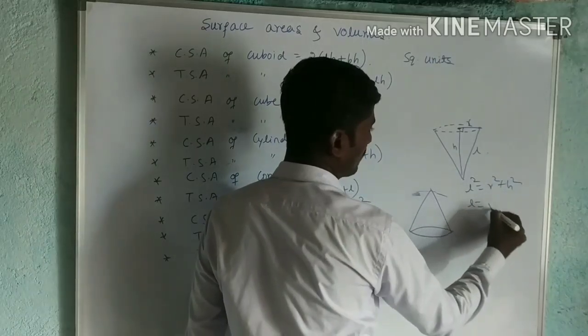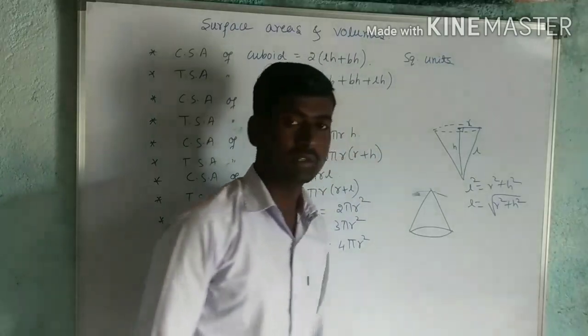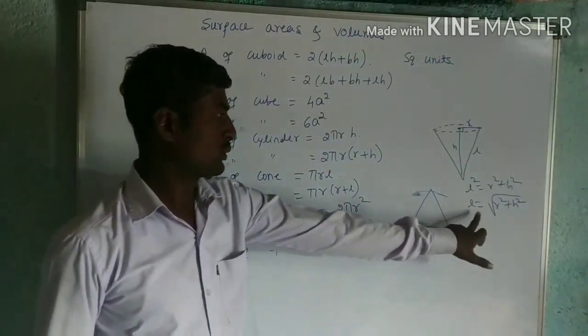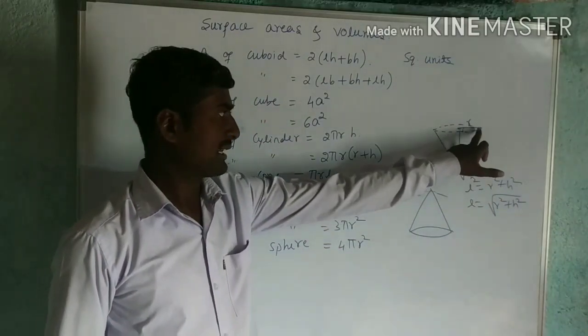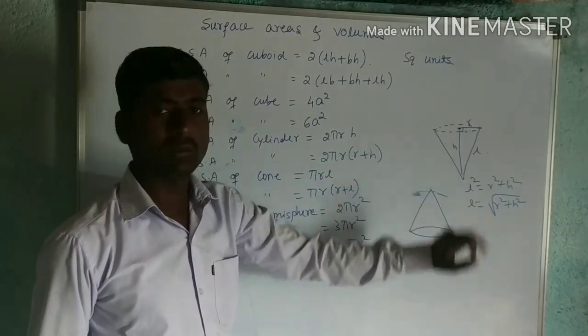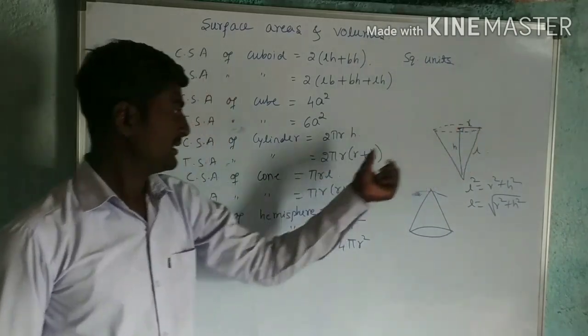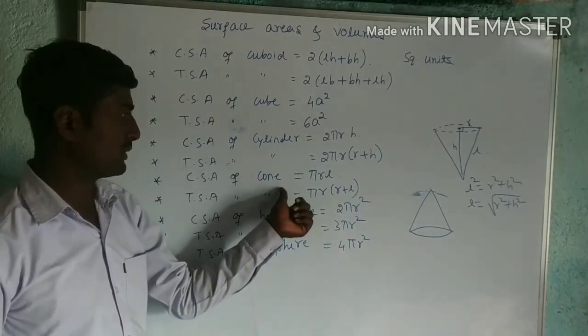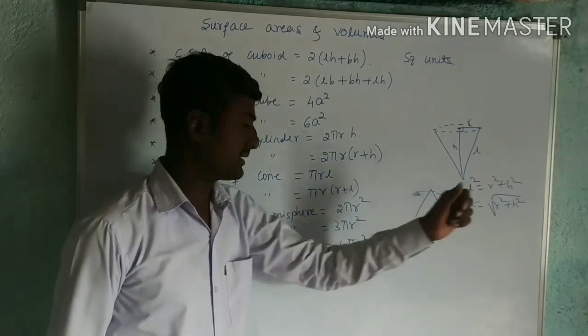So L is equal to the square root of R square plus H square. Slant height L is the root of R square plus H square. This is the radius and this is the height of the cone. Here the top is open, so you can say it is the CSA of the cone, pi RL, where R is the radius and L is the slant height.